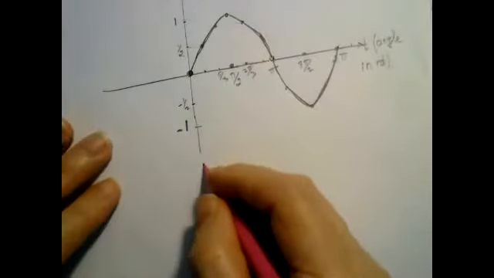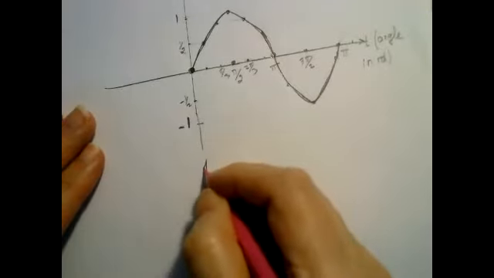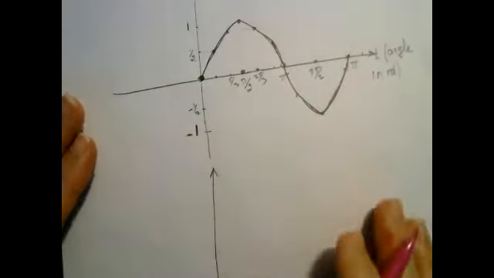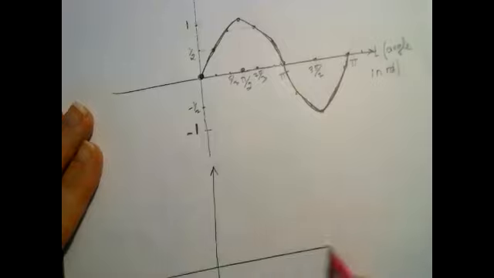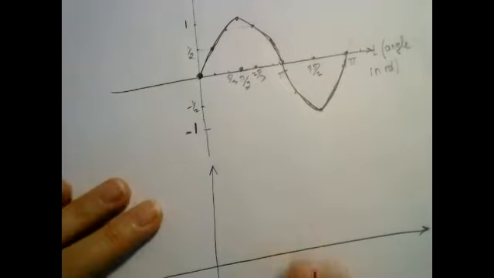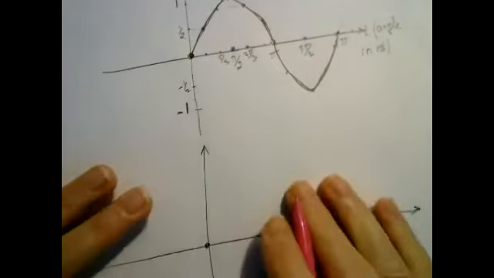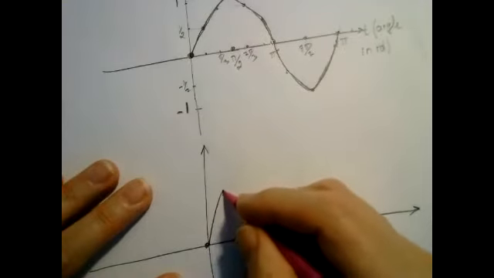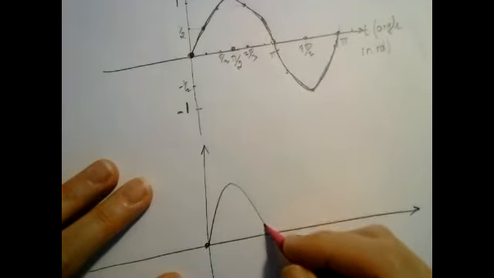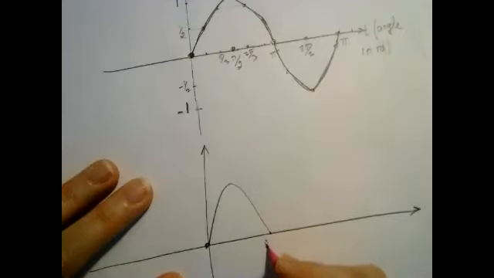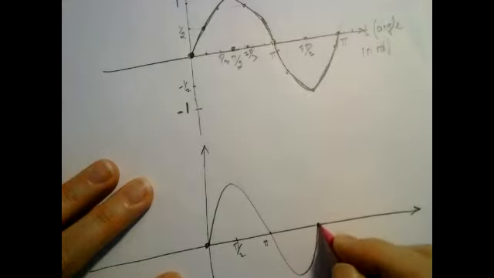If I want to graph the sine in its totality, the sine is going to start repeating. It's going to start at 0, go up at pi over 2, go down at pi, and then go all the way down to -1, and back up here.